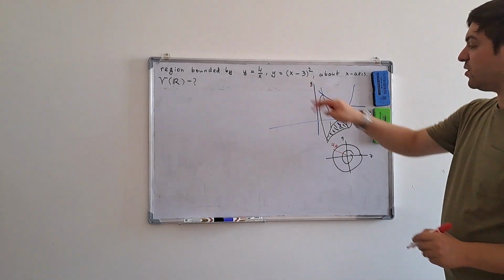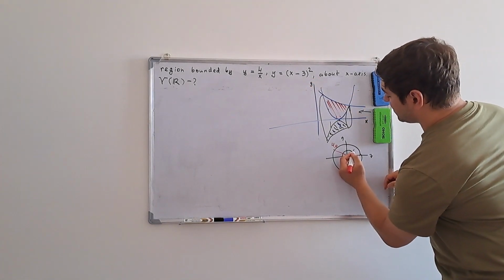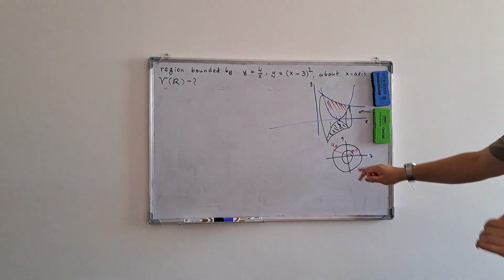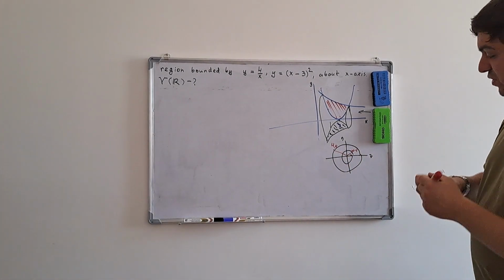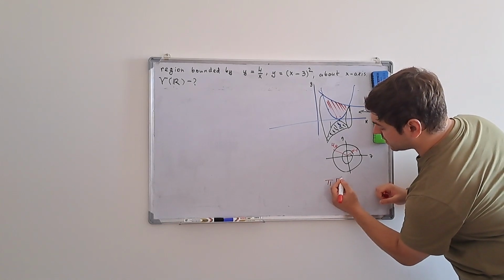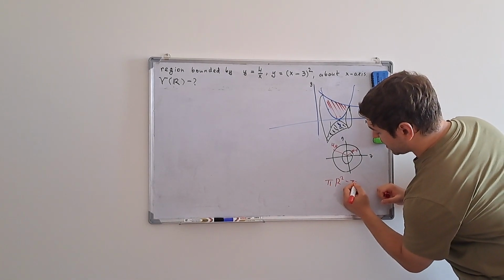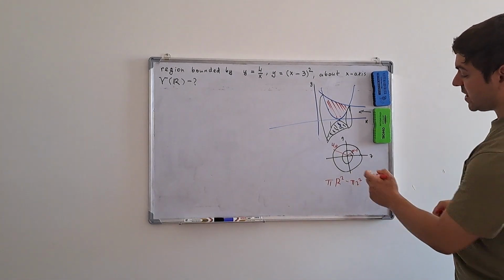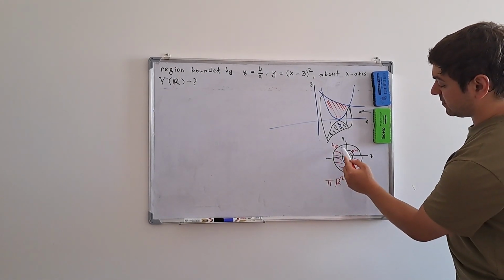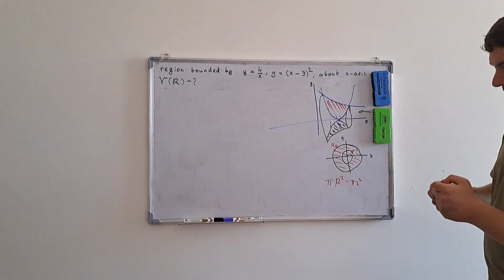And the radius of the smaller circle is (x minus 3) to the power of 2. So now what I have to do is to just calculate the area of the bigger circle minus the smaller circle's area, so that I only obtain this region's area.